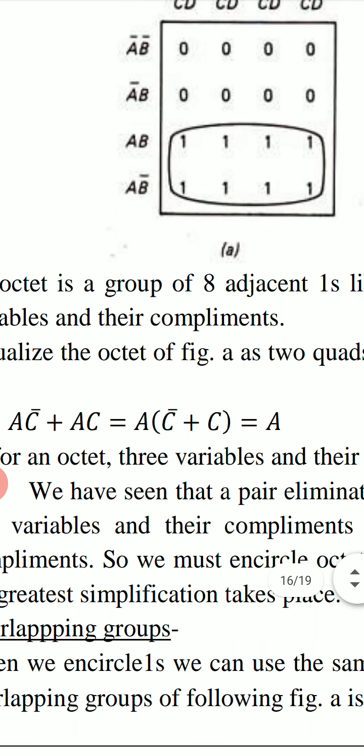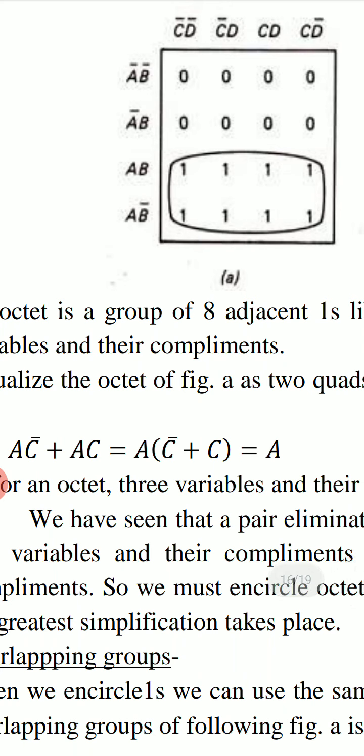And if we look at this octet, we can directly write this expression y equal to A, because from the left hand side we get A, B is changing to B bar, and from the upper side all change from complemented to uncomplemented or uncomplemented to complemented.